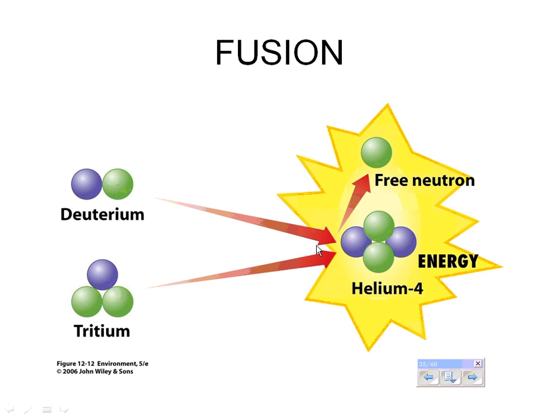Large amounts of energy are produced. The positives of fusion: these isotopes of hydrogen are abundant, so we can extract them from seawater. They're found in nature. And it produces a lot of energy with minimal nuclear waste.